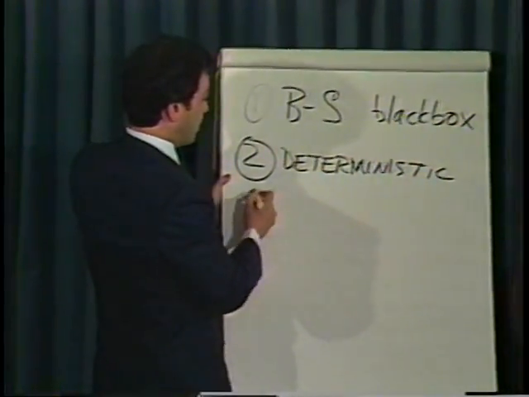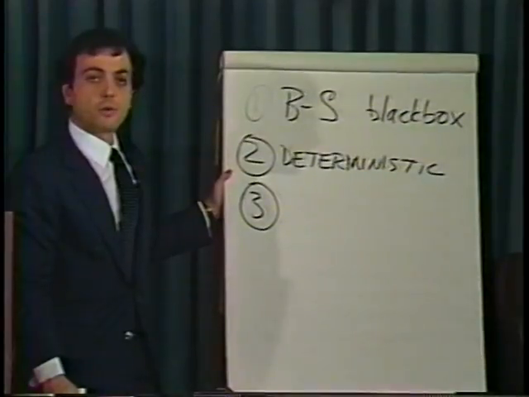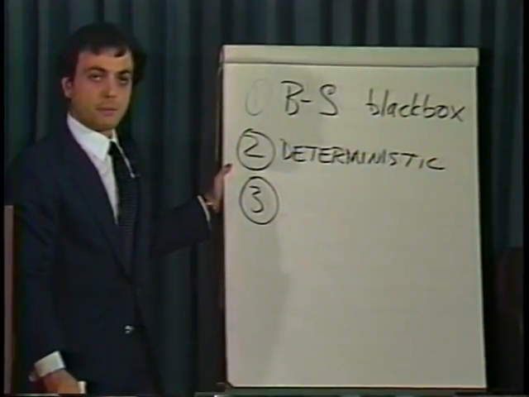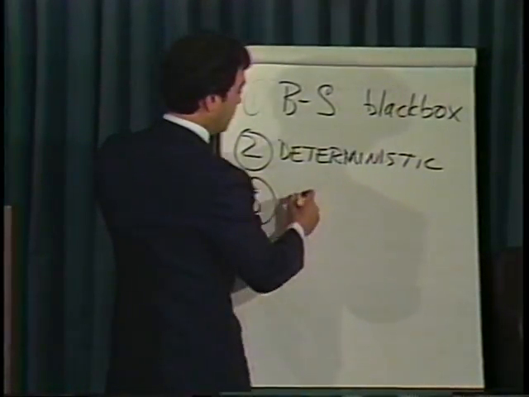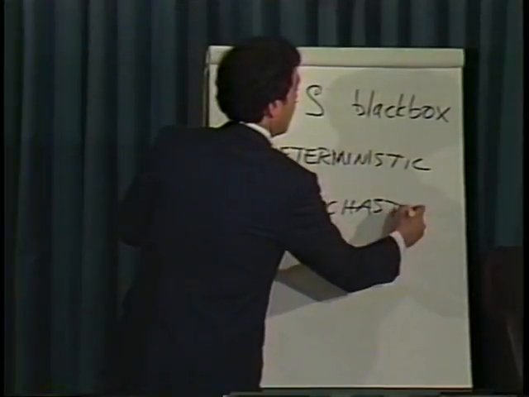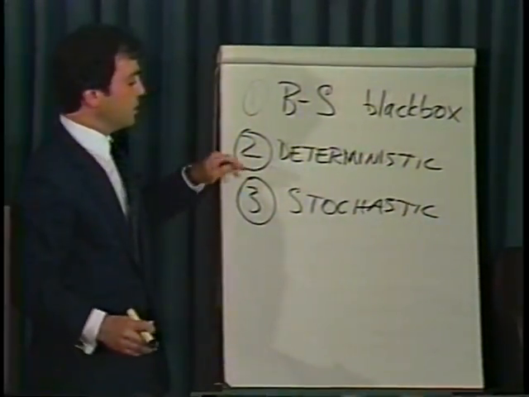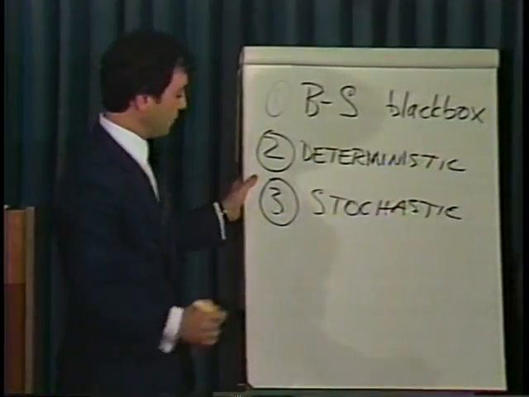In the third part, we will relax the assumption of a deterministic world and will assume that the world is probabilistic or stochastic, whatever term you are more comfortable with using. And we shall adjust the deterministic formula to fit a stochastic world.